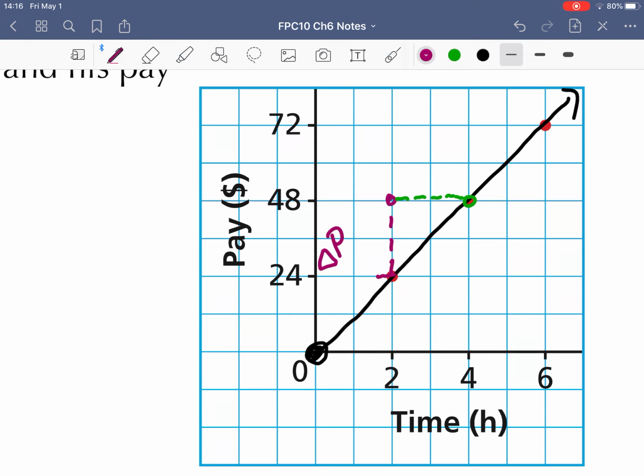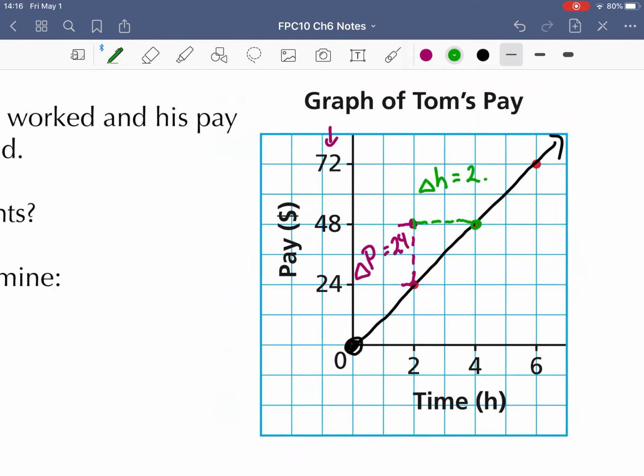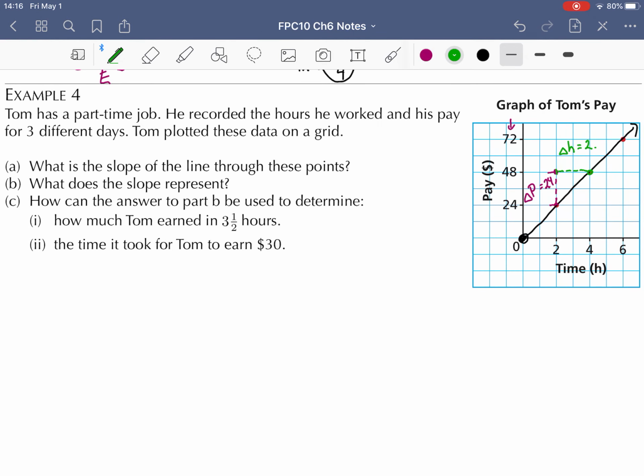So the rise, the change in pay: we start here at 24 and we go up to 48, so we get 24 plus 24 for our rise. Remember to use the scales on the axes. This is a rise of 24. And our run, our change in hours, is equal to, from 2 to 4, 2.